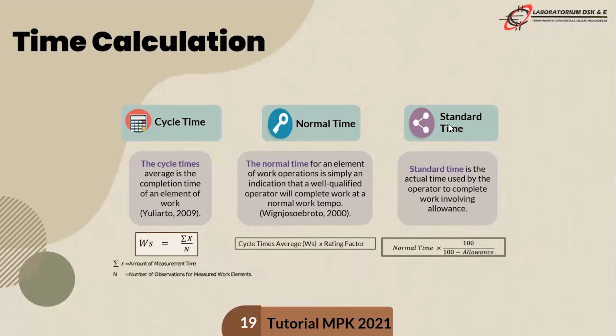And the last is standard time. Standard time is the actual time used by the operator to complete work, including allowance. The formula for standard time is the normal time that we already calculated before, multiplied by 100 divided by 100 minus the allowance.